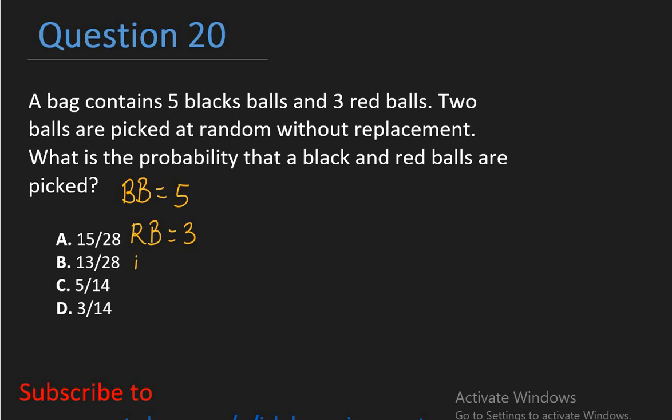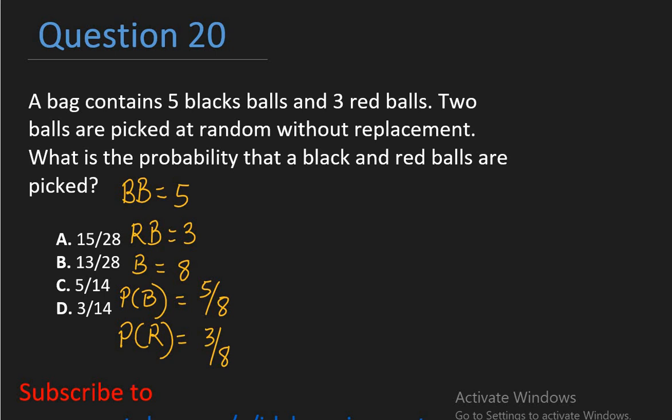The total number of balls is 5 plus 3, which is 8. The probability of picking a black ball will be 5 out of 8. The probability of picking a red ball will be 3 out of 8.